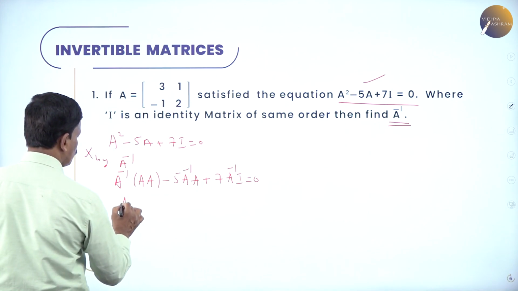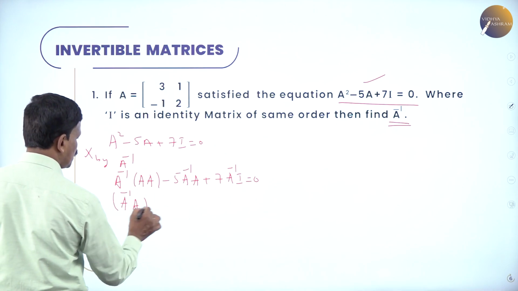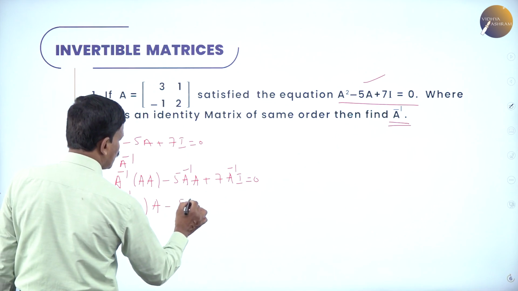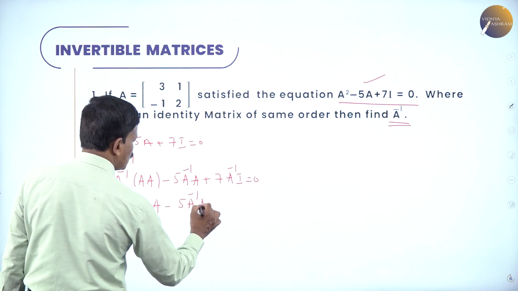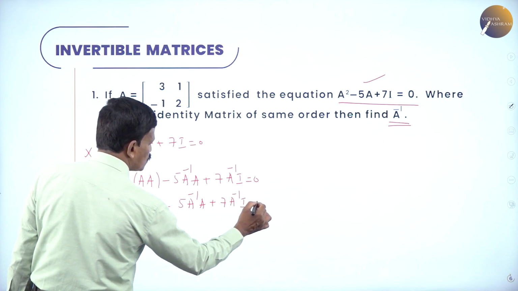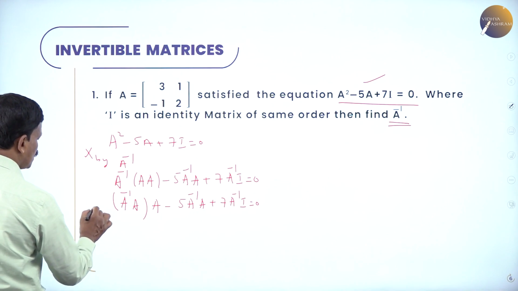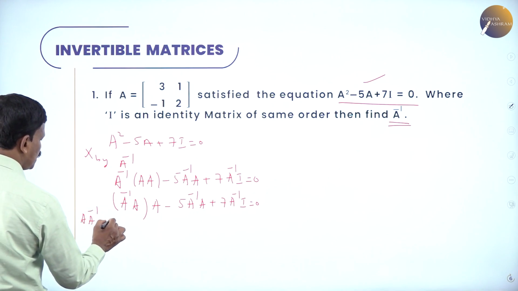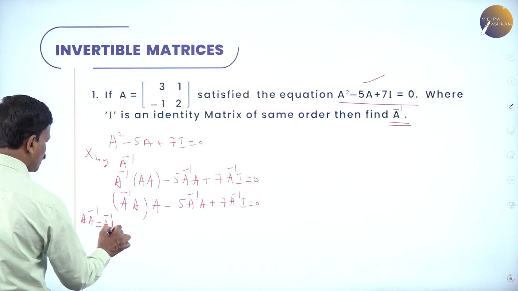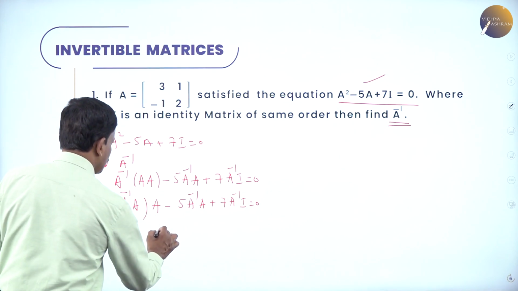Now, applying the associative property, this becomes A inverse into A, into A, minus 5 A inverse A, plus 7 times A inverse into I. We have already studied: A inverse into A is equal to the identity matrix I.